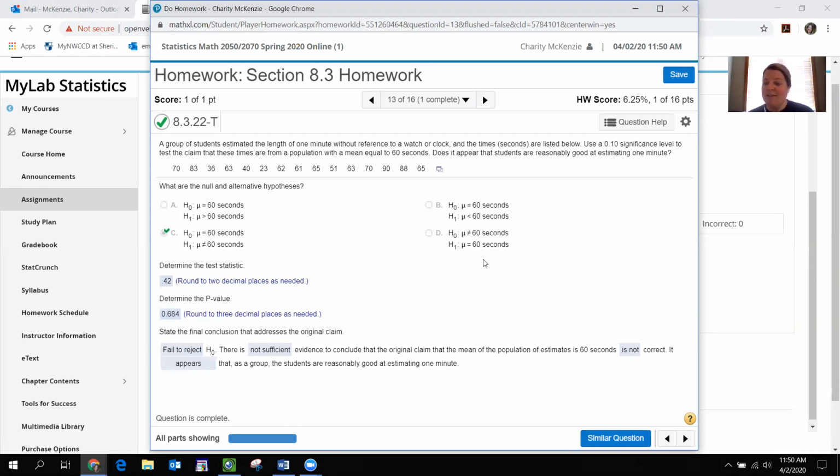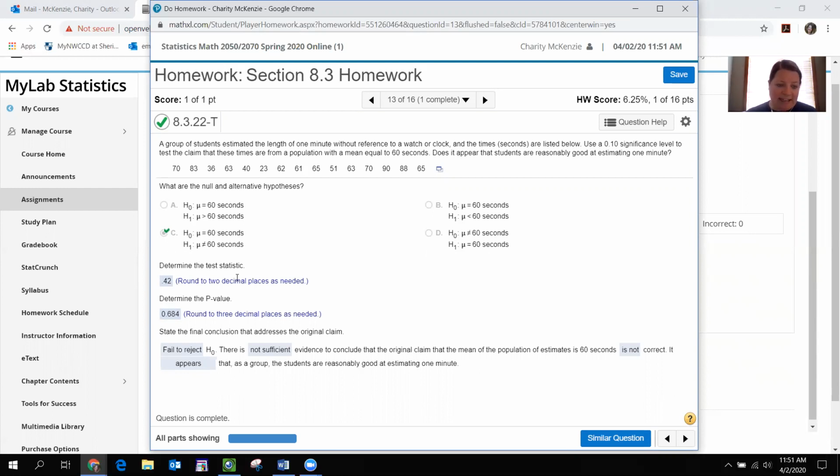Use a significance level of 90%, which is 0.1, to test the claim that these times are from a population with a mean equal to 60 seconds. So how close to the minute are they? Our mean will be equal to 60 seconds, and it doesn't have greater than or less than, so it's just not equal. It's two-tailed to 60 seconds.